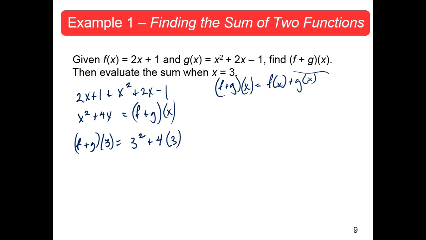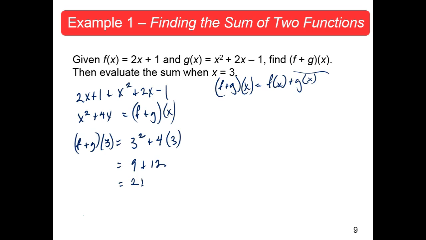Plug in 3 everywhere you see an x here. Now do that calculation. What does that give you? 3 squared plus 4 times 3 equals 21.